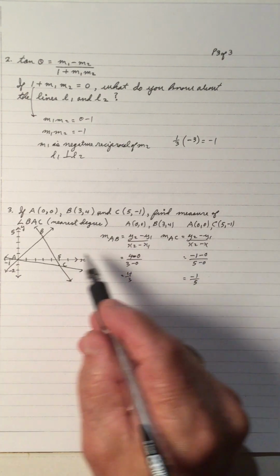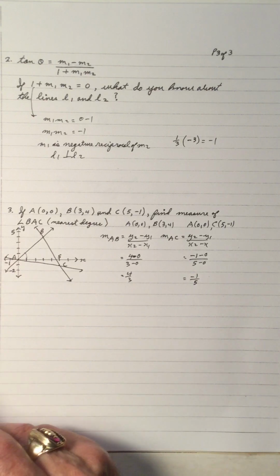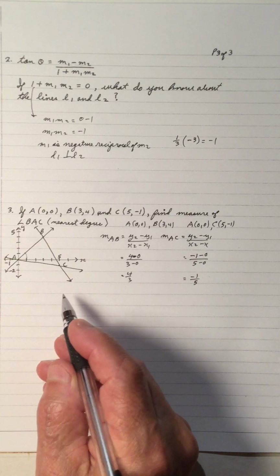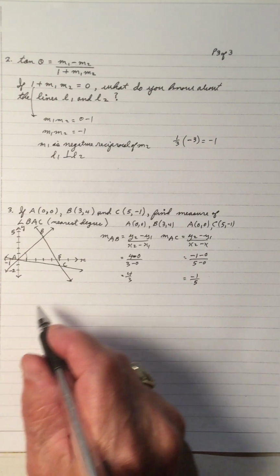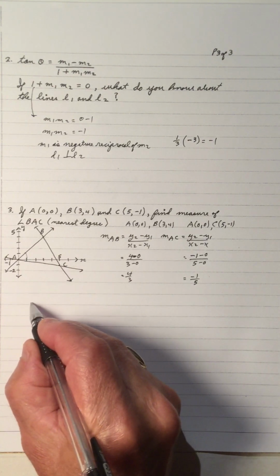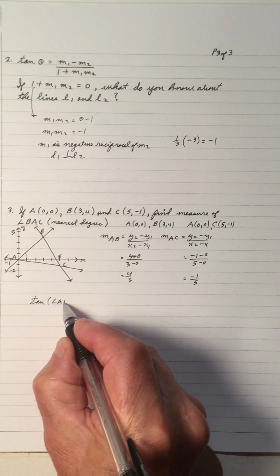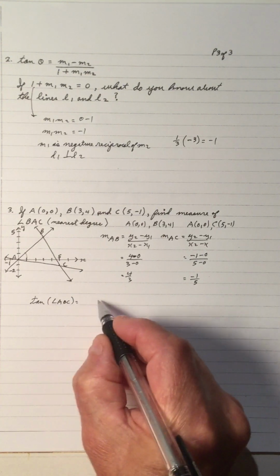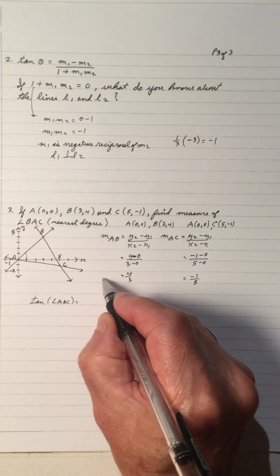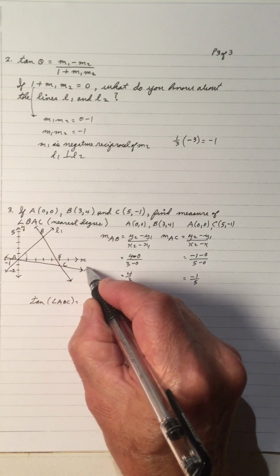And because we have the intersection of these two lines, and we're trying to find this angle, we can do it using the slope formula. Let's call this line L1, and let's call this line L2.